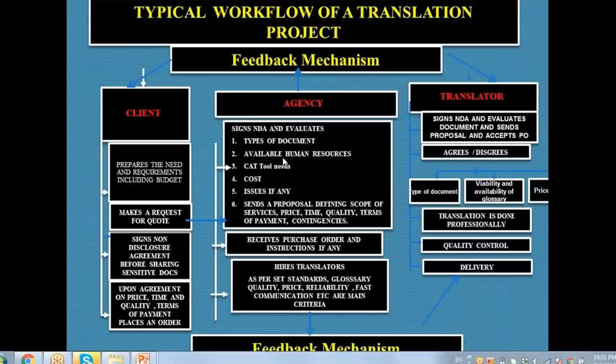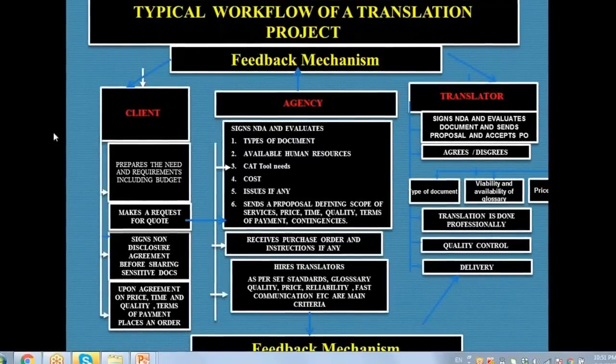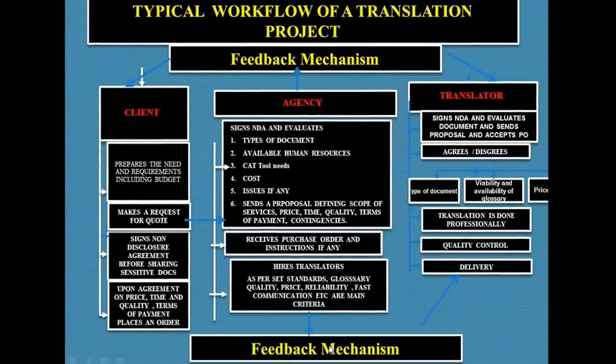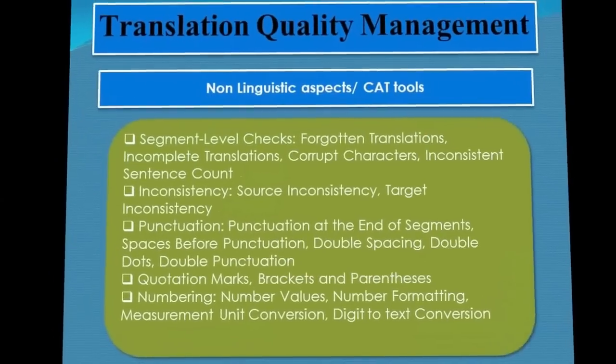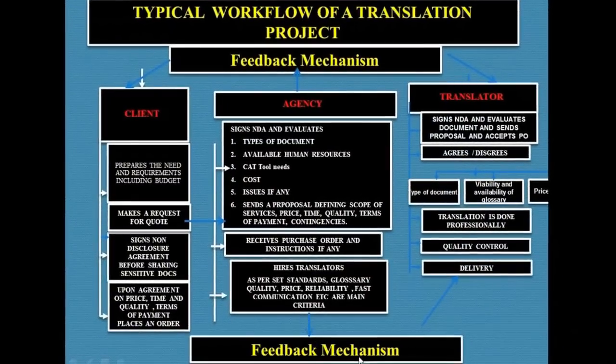The agency's proofreader or quality controller reads your document, finds that everything is okay, and sends it to the client. The client's project manager finds everything okay, approves on the agreed price or terms of payment, you receive the funds and the project is closed. If the client has a certain mechanism, plan or feedback, they will give this feedback, and based on the feedback, the agency will talk to the translator.